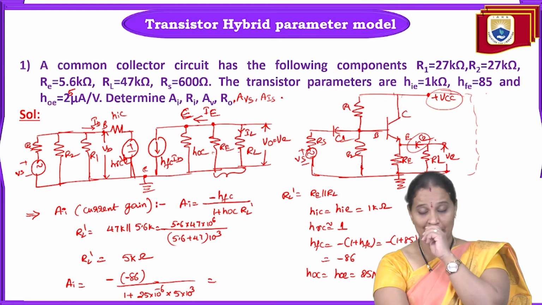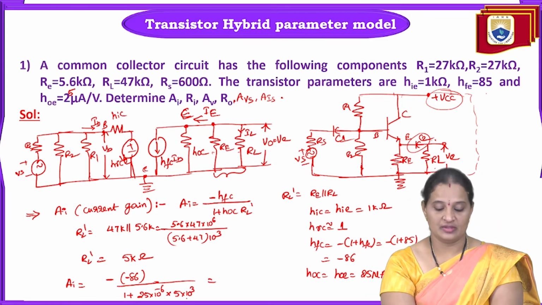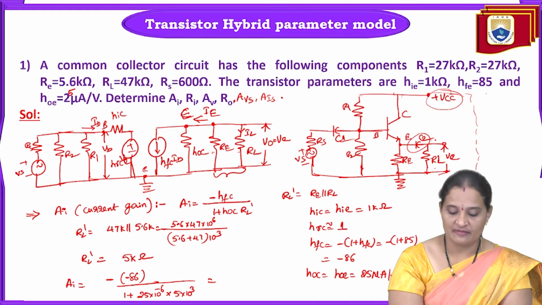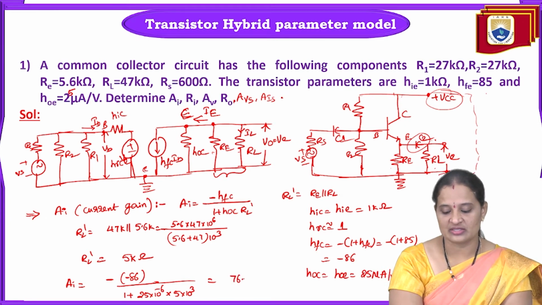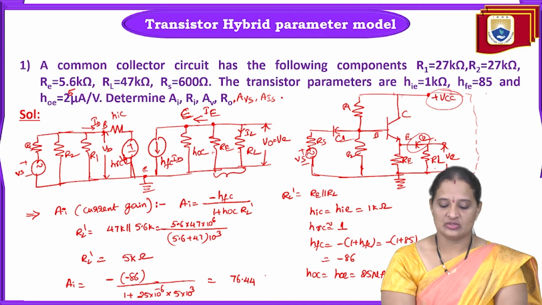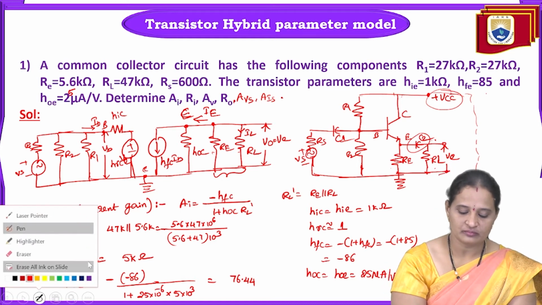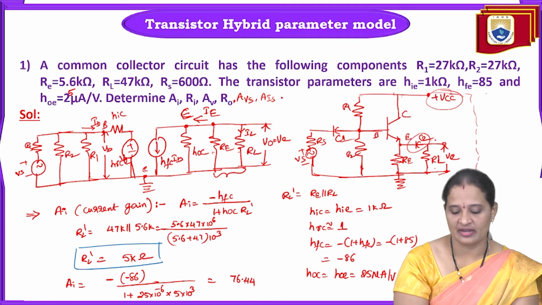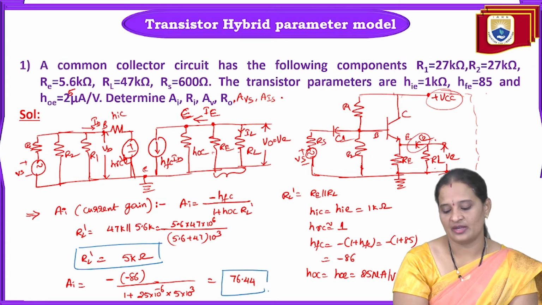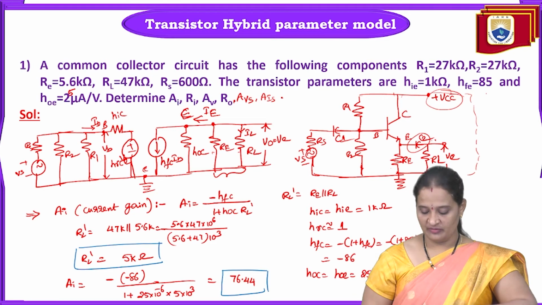So this is the substitution of AI value here. If I calculate this one, I'll be getting this value as 76.44. This is RL dash we have calculated, and this is the current gain, which is 76.44.